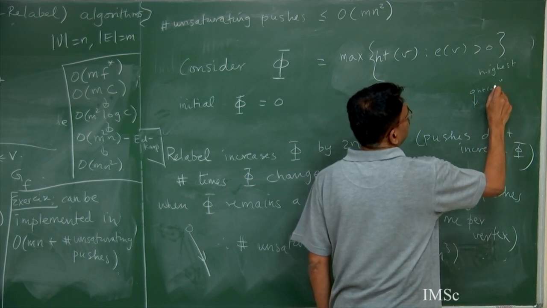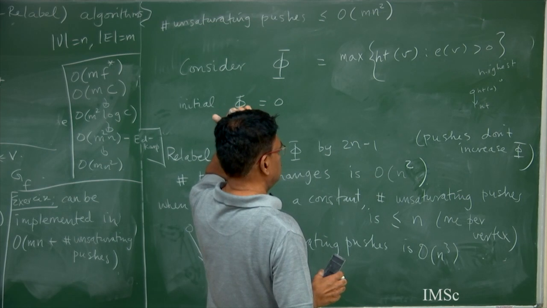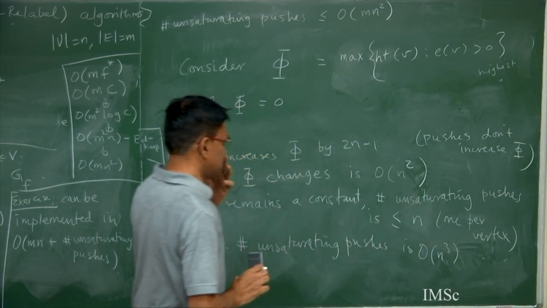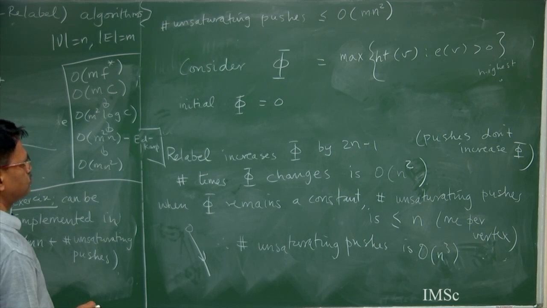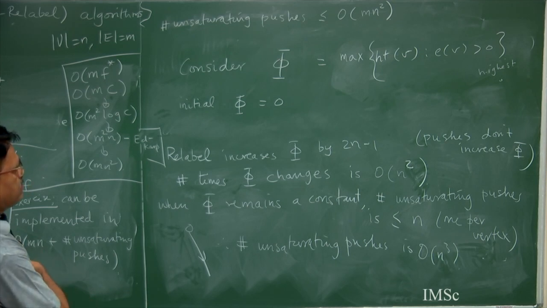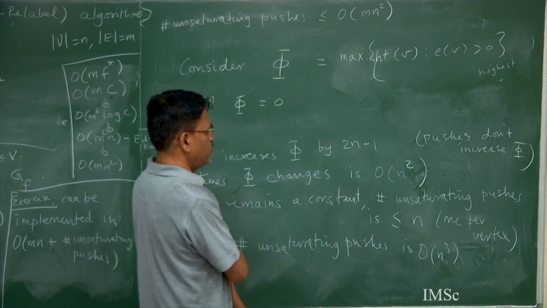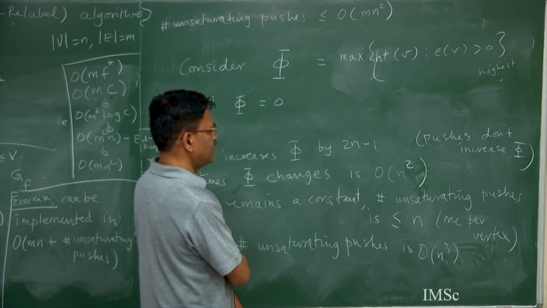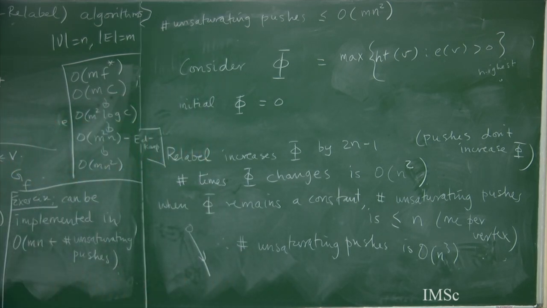Can a push increase the height of a vertex, increase the max height? It can make some other vertex have excess flow above the max height. Can it? No. So where am I using the fact that I am always pushing from the highest vertex?